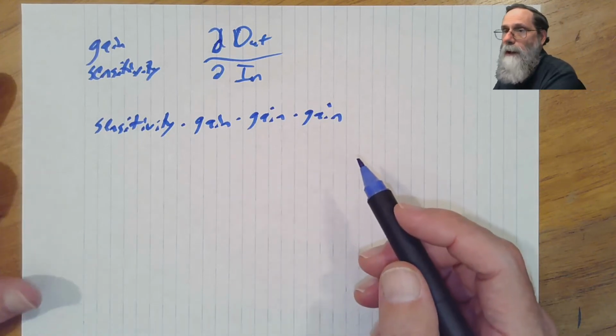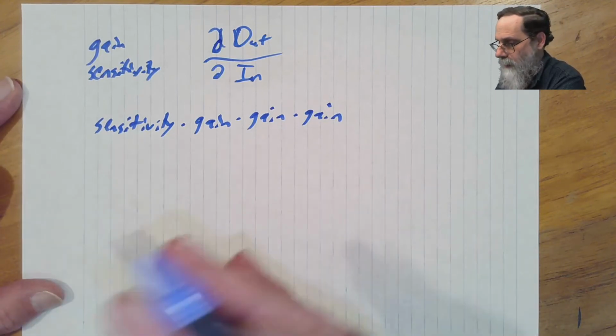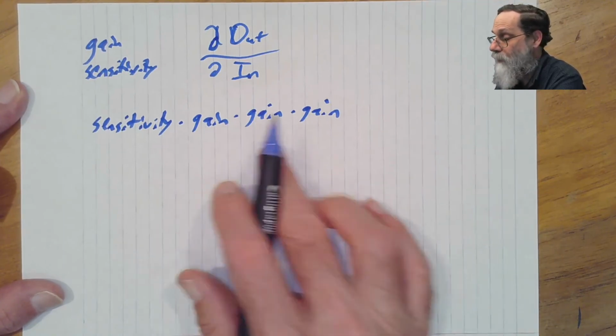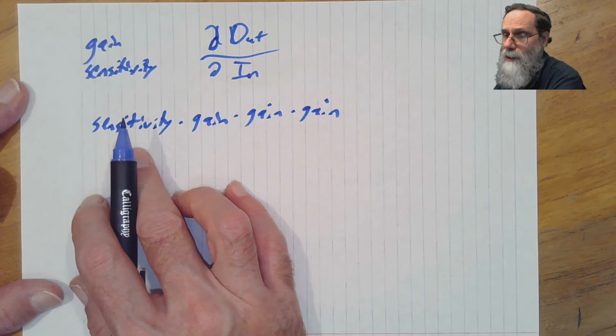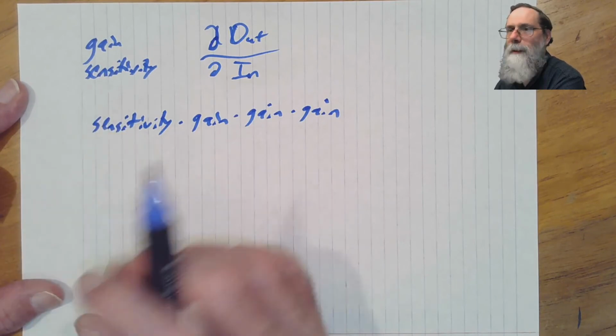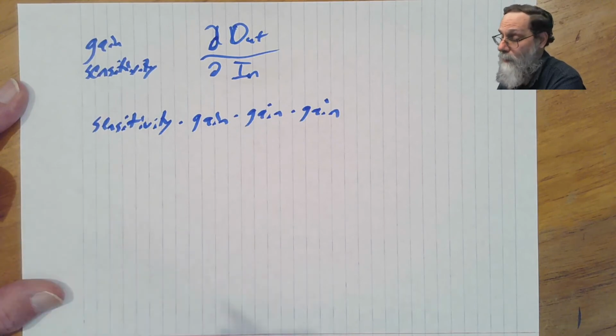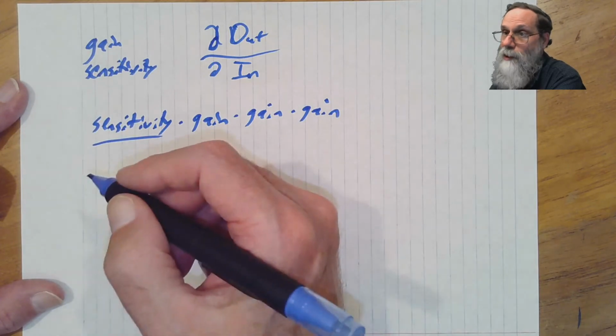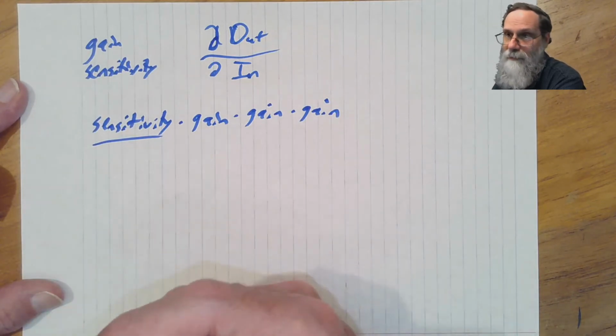And so it's very common to express these different things all in terms of logarithms, because the gains are all ratios. The sensitivity is really a ratio, but it's not unitless, so we can't really take a log of it unless it's unitless. Remember, from dimensional analysis, you can only take logs of things that are unitless. So sensitivity is usually expressed in terms of a ratio relative to some fixed amount.